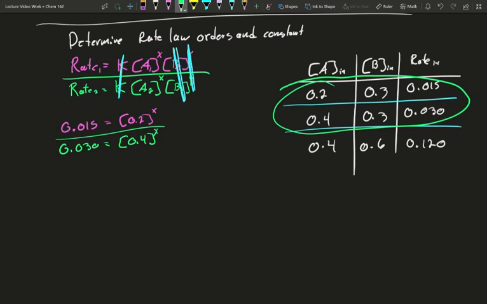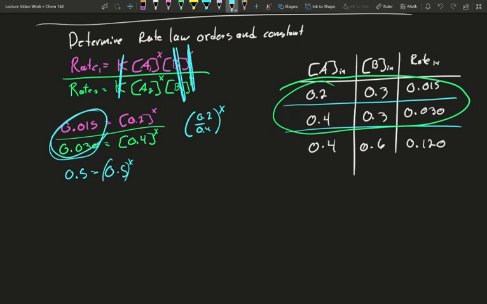The only variable we have here is the order. If we do the math on both sides, 0.5 is going to equal, if you remember your divisions with exponents, you can put the exponent outside and have the two things divided, which means this can also look like 0.2 over 0.4 all to the x, which is a half. So this is 0.5 to the x.